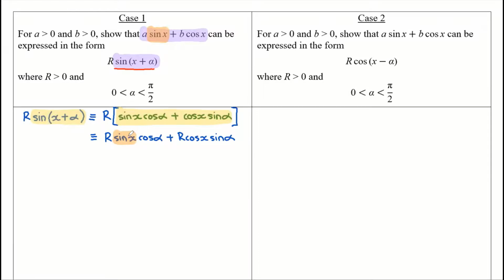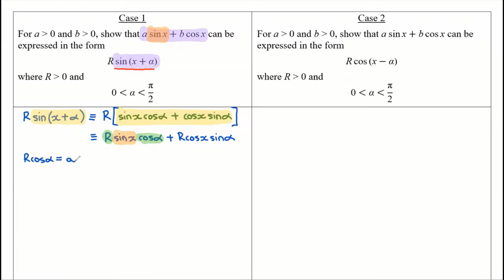So in other words, the r and the cos alpha are just multiplying the sine x. So what this means is I can write down an equation. Looking at the first part, we can see that r cos alpha must be equal to a.